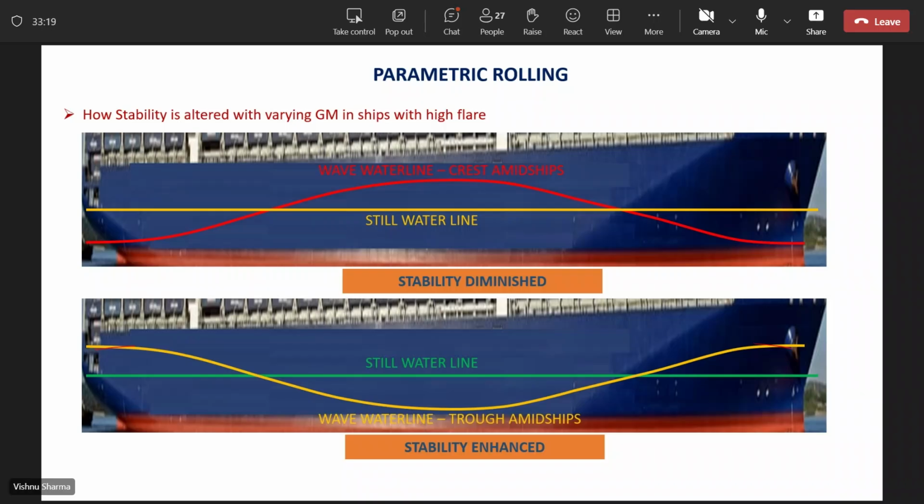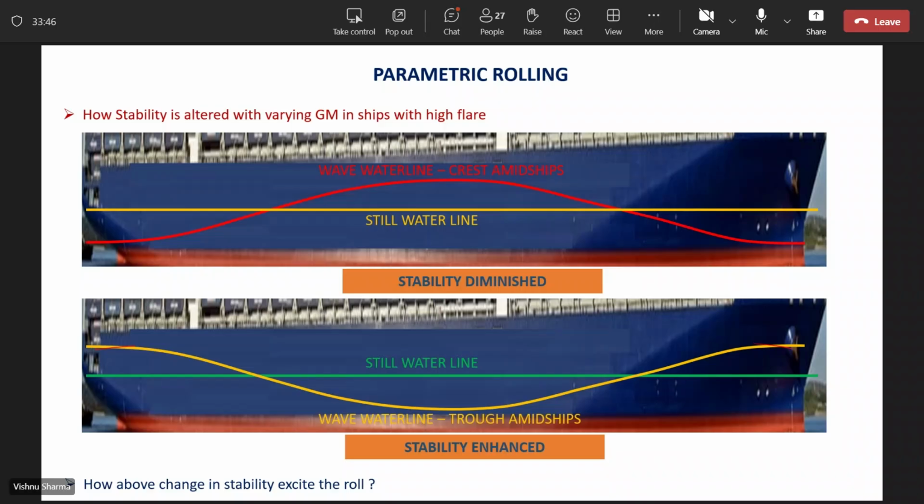Okay. Now what happens is this increased stability or decreased stability occurs periodically. So stability is alternately enhanced, diminished, enhanced, diminished. Now, this alteration of stability is not being done by any other reason but the wave action. The wave is not giving you any energy to roll.